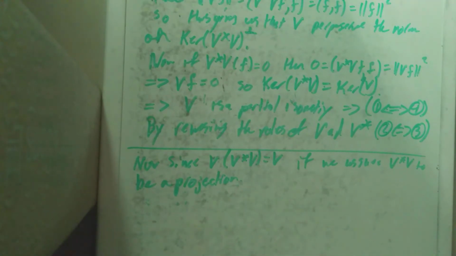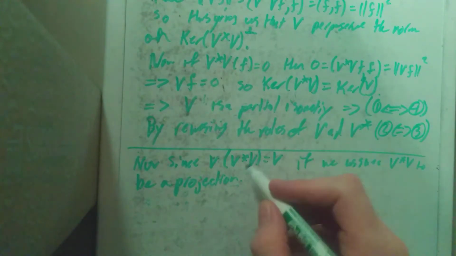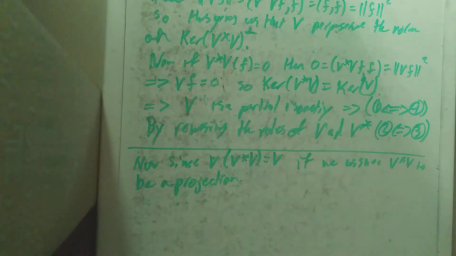However, this guy is a projection, so whatever I plug in here, it is going to give me something, and it's going to give me the same element but in the range of V, or 0. So this thing is going to behave nicely because it's either going to send the kernel to the kernel of V, or it's going to send something to itself and then V sends it to itself again.